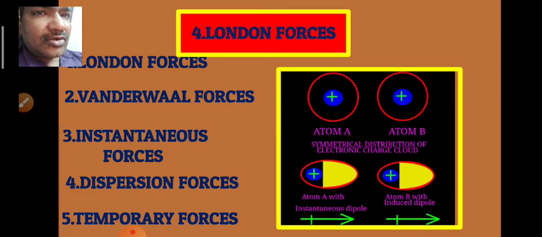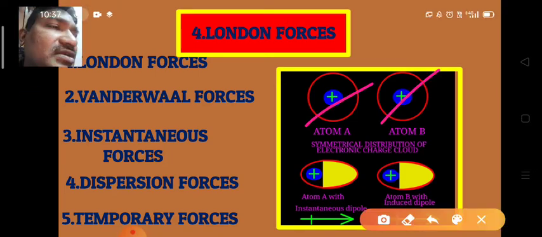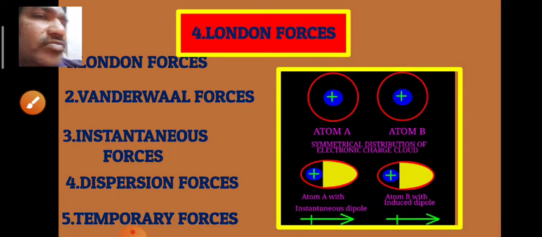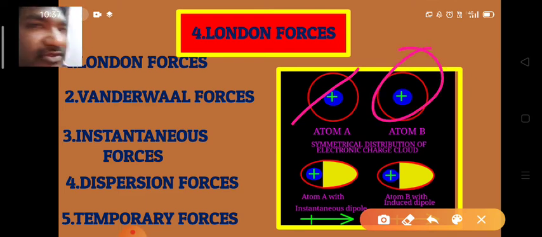The electron cloud surrounds the nucleus in a symmetrical manner as shown here.